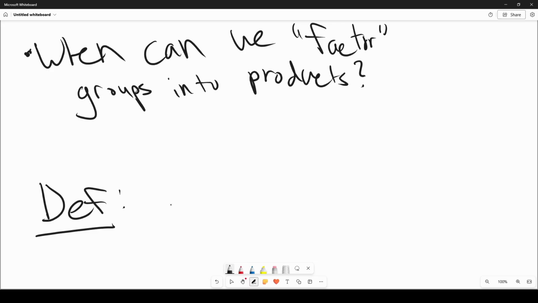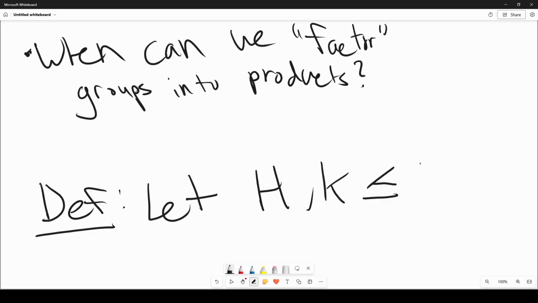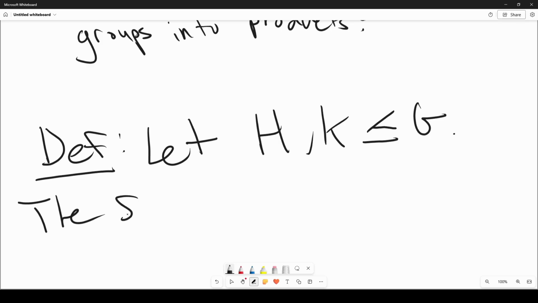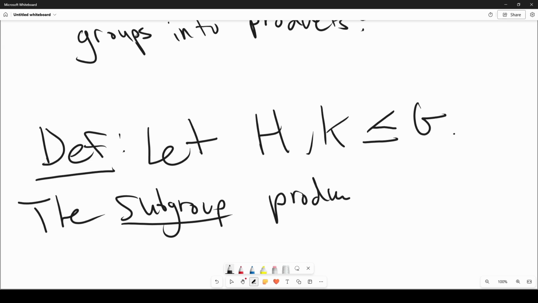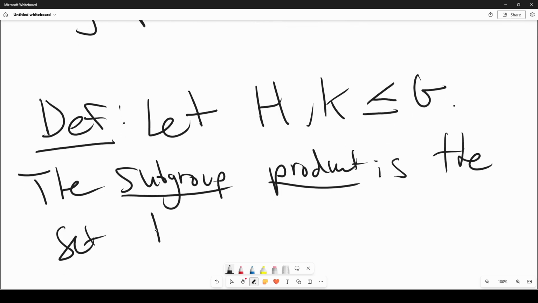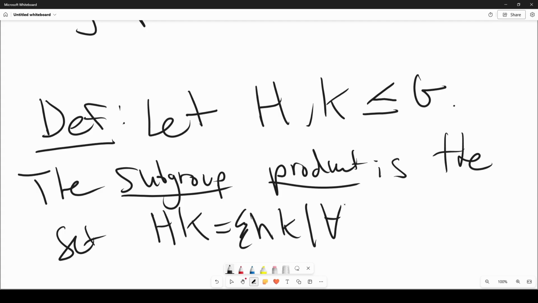Okay. So take two subgroups, H and K, which are subgroups of a group G. The subgroup product, which is in some senses understood as the internal direct product under certain conditions, is the set HK, which equals all those elements h times k for all h in H and k in K, which is hopefully pretty natural.